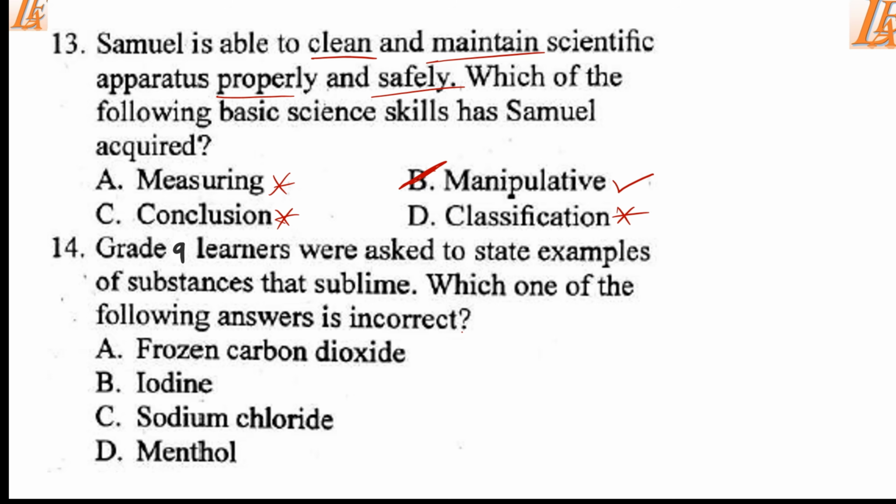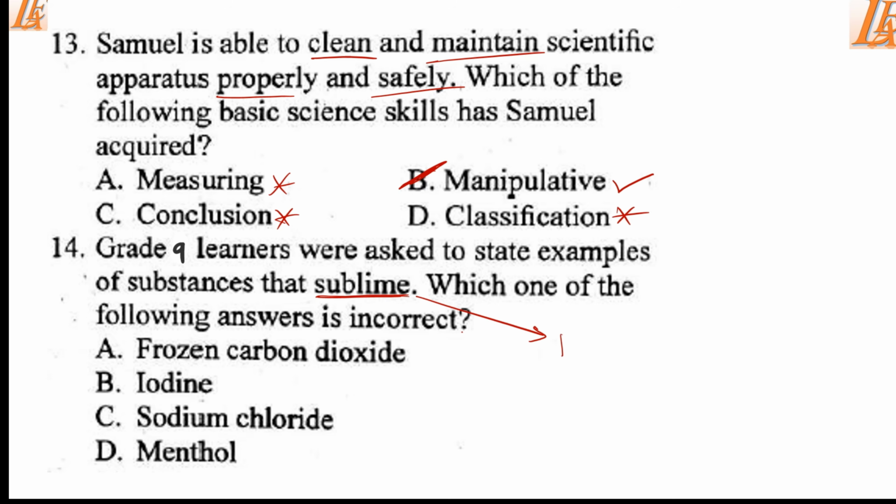Then question 14, grade 9 learners were asked to state examples of substances that sublime. Which one of the following answers is incorrect? So the learners were told to state substances which undergo sublimation. And what is sublimation?